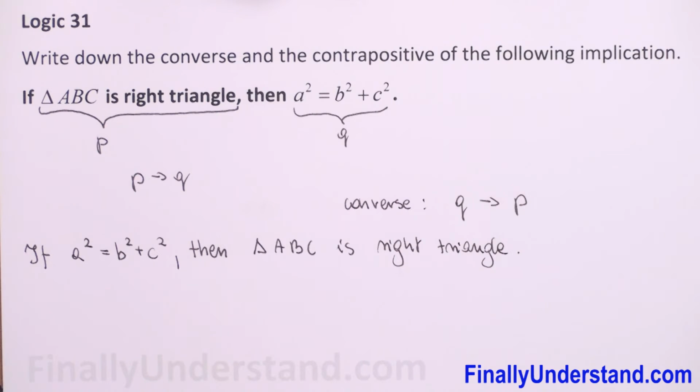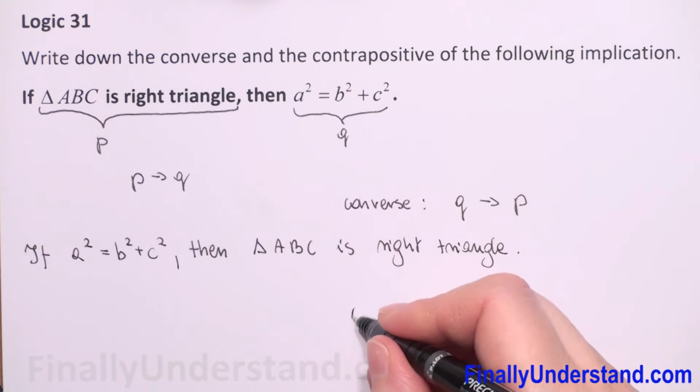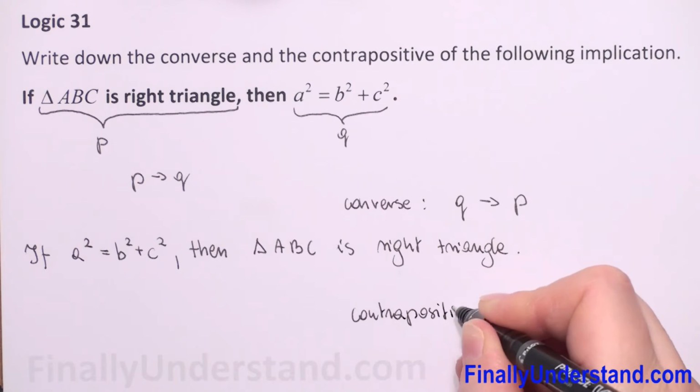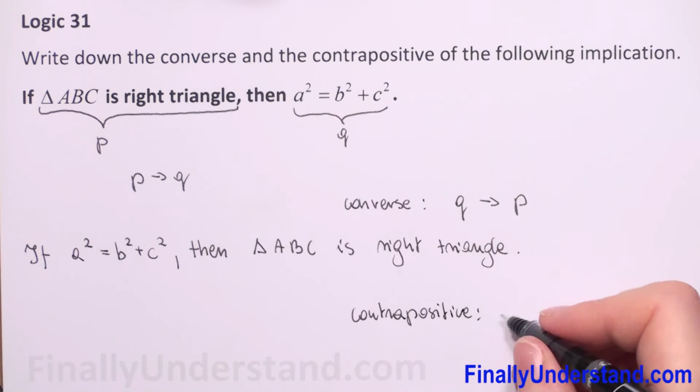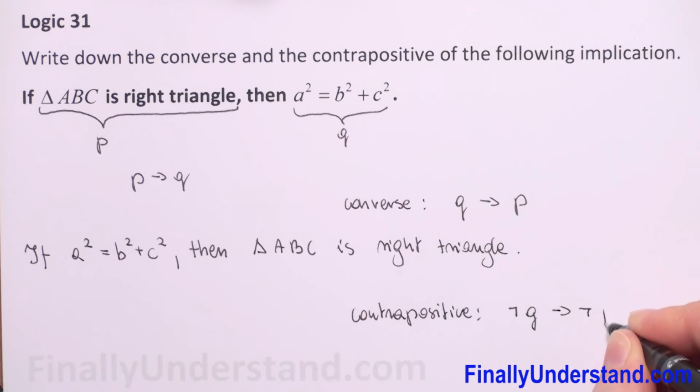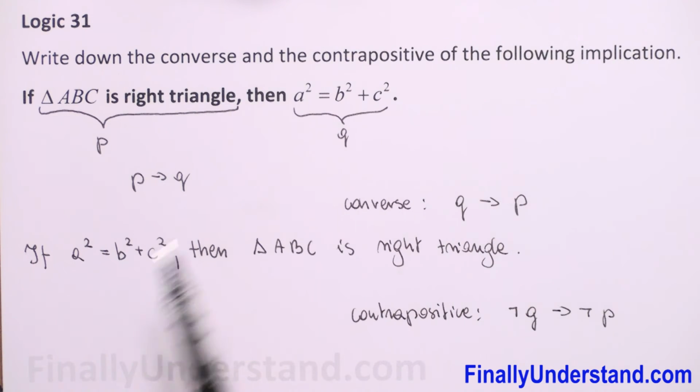Now we have to write contrapositive. So we will have contrapositive for if P then Q is if not Q then not P. So we have to negate Q first.